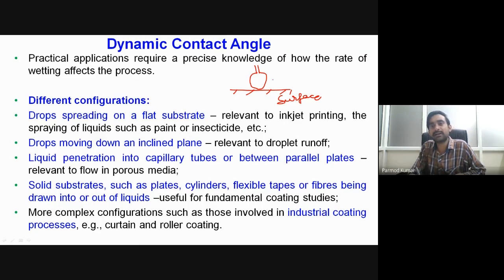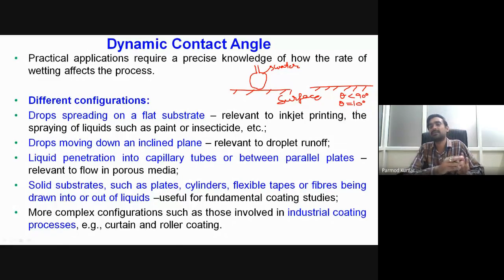For example, if I consider that my surface is of hydrophilic nature, and I consider this drop as water, then my final contact angle should be less than 90 degrees. Say my final contact angle on this surface is equal to 10 degrees.